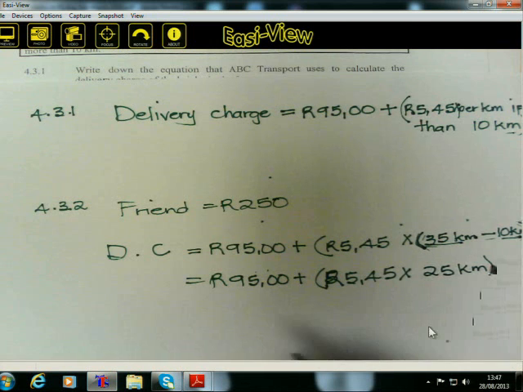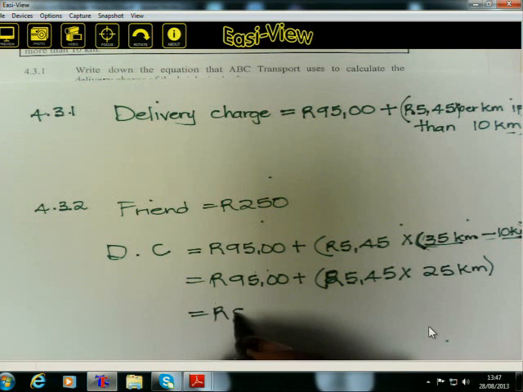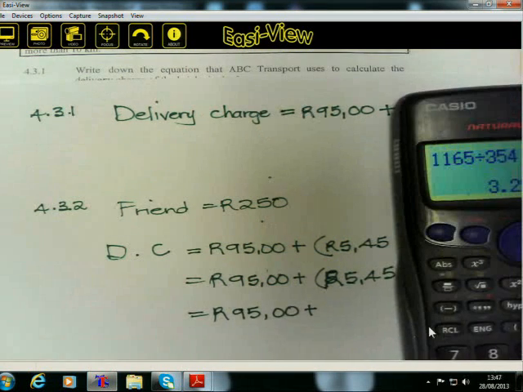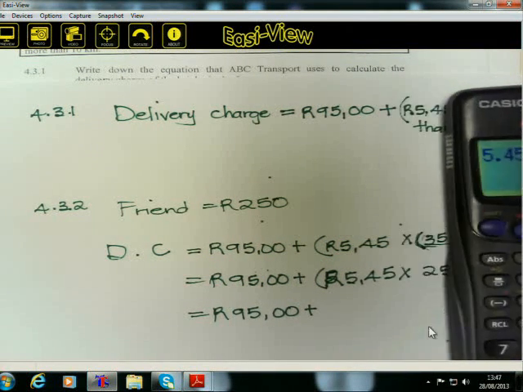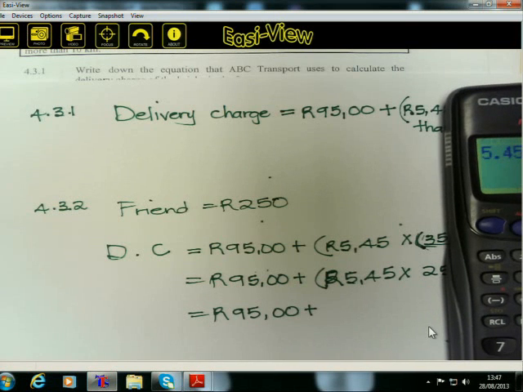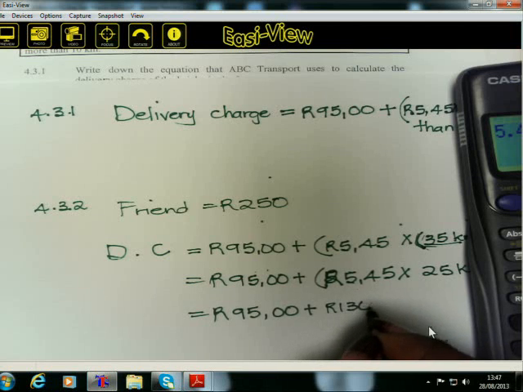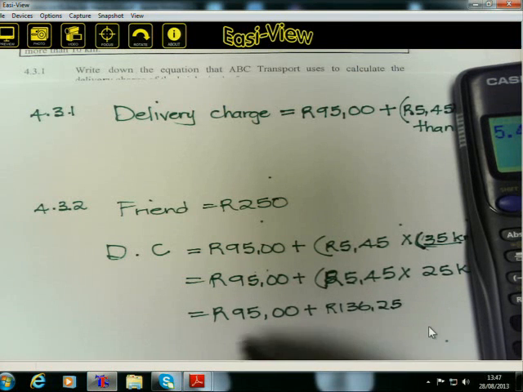So that means Mr. Ravi will pay for 25 kilometers, not for the whole 35. We can punch in the 5 rand 45 cents multiplied by 25 kilometers. We get an answer of 136 rands 25 cents.